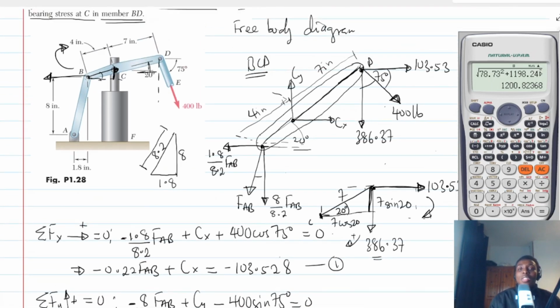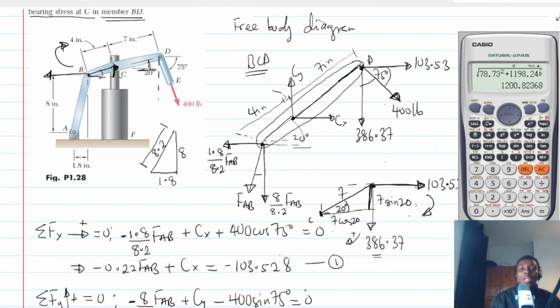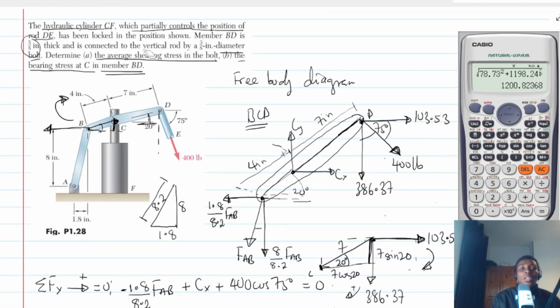All this while, we have been doing statics. So now let's branch into strength of materials, because without the statics, we would not be able to get the reaction forces. But now that we know the reaction forces, we can solve it. Interestingly, the bolt is connected at C. Look at the question. CF is the hydraulic cylinder, and you can see that it is connected by a bolt.